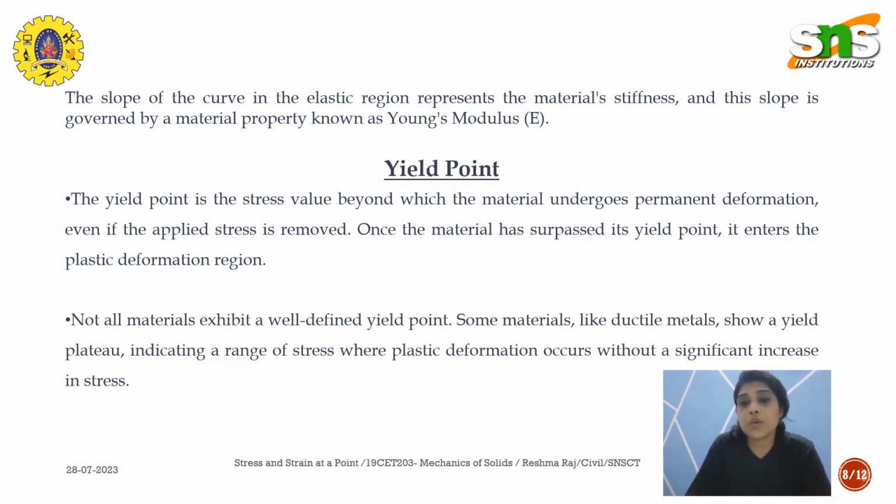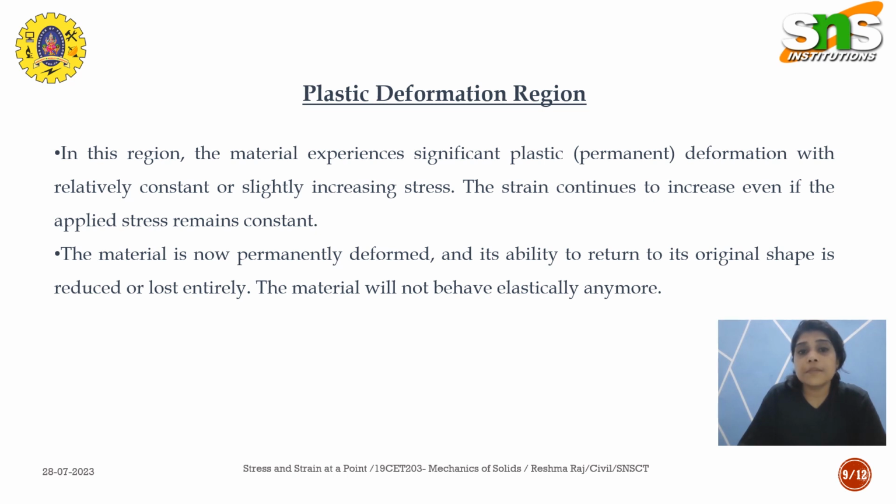I already explained the plastic deformation region. The change in the shape of the material has occurred, so it goes to the plastic stage, that is, the permanently deformed stage.